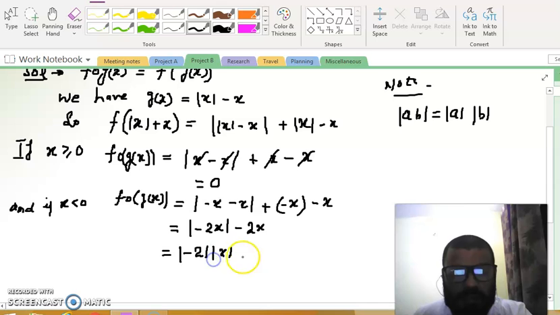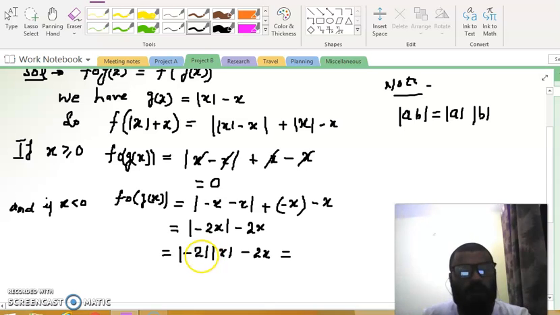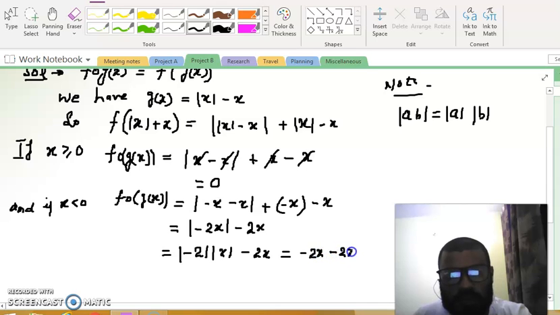So use this property. |x| and |-2|. If the 2 is negative, negative 2 in the modulus sign becomes positive. And this x is in the modulus sign, but x is less than 0, so this will become negative. So negative 2x and negative 2x gives you negative 4x.